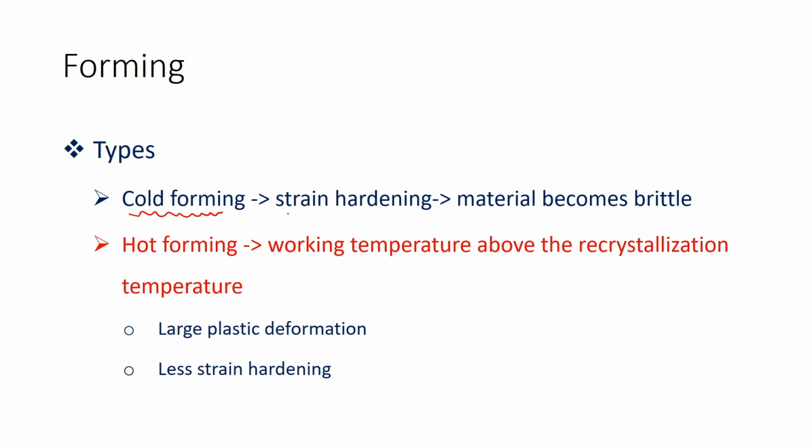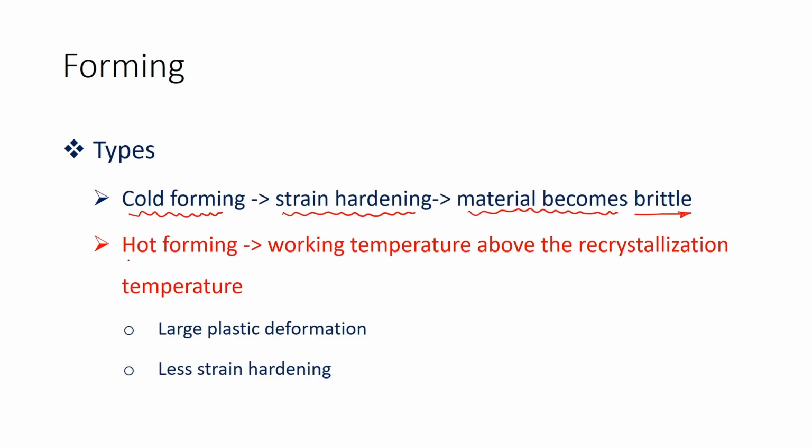There is formation of strain hardening, the strength is improved, and the improved hardness sometimes leads to an increase in the brittleness of the material. Such brittle material may not be useful for certain applications where ductility is desired.